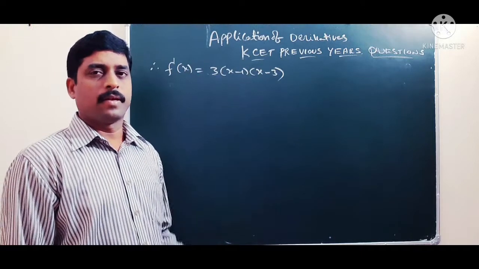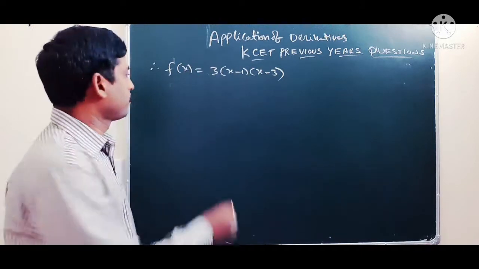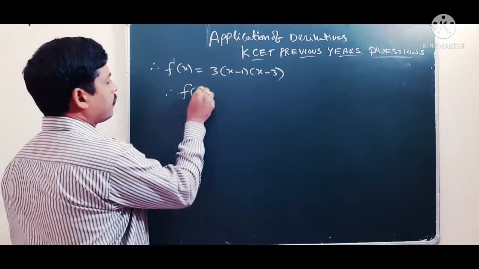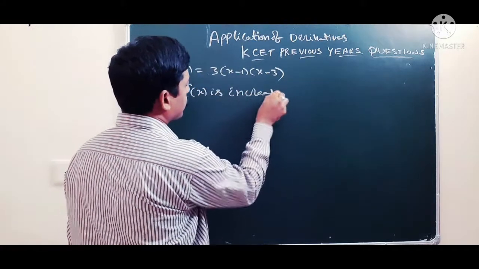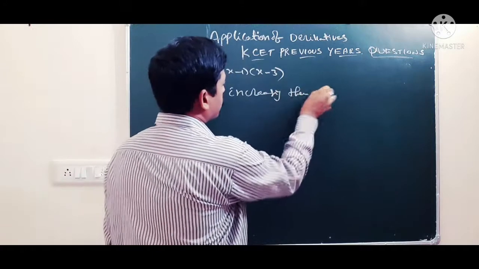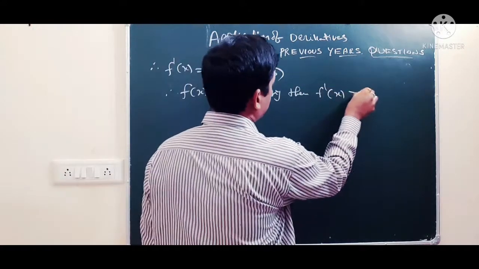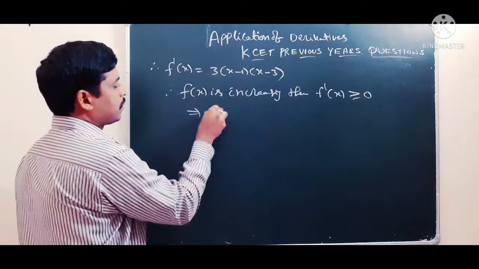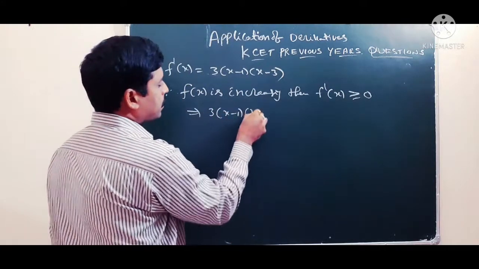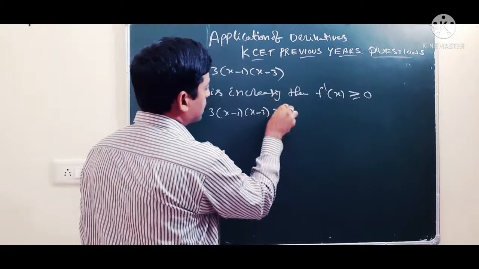But in the statement, f of x is increasing is given, then the formula is f dash x should be greater than or equal to 0. So what is the f dash x value? 3 times of x minus 1 into x minus 3 greater than or equal to 0.